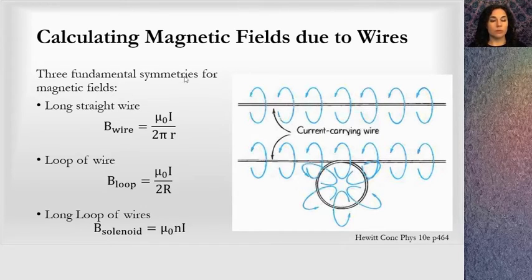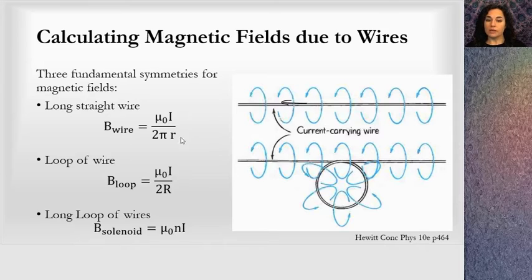So the three fundamental symmetries is a long straight wire, and you can see that here, a current carrying wire and the magnetic field. If the field is circling around in that direction, that's what I'm saying. I curl my fingers in the direction of the magnetic field, and the current must be to the left. Okay.